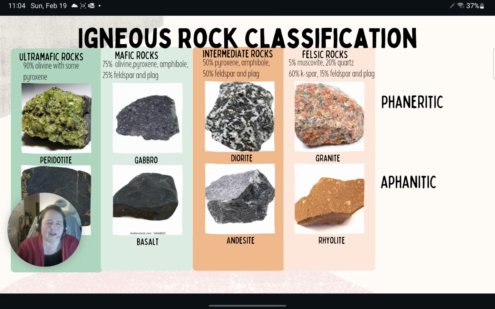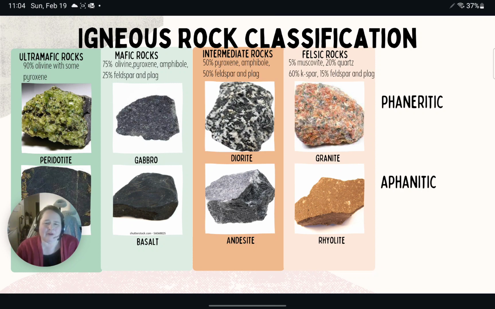Now we need to just look at the texture. See all these big crystals? So we know that cooled slowly underground, so it must be phaneritic. So if it's phaneritic and it contains 90% olivine, then it's going to be a peridotite.